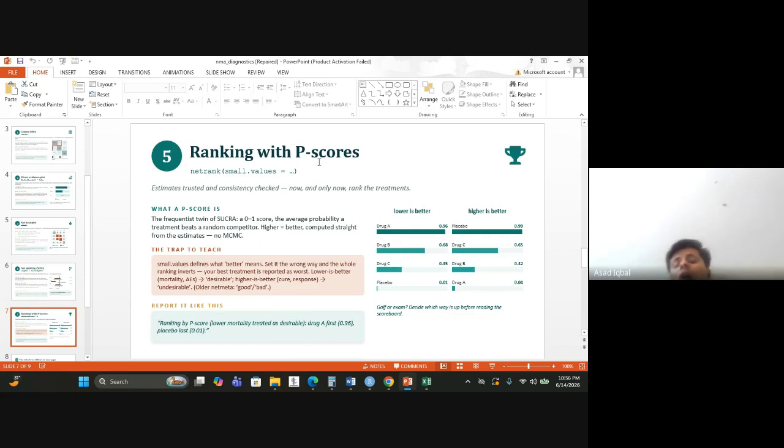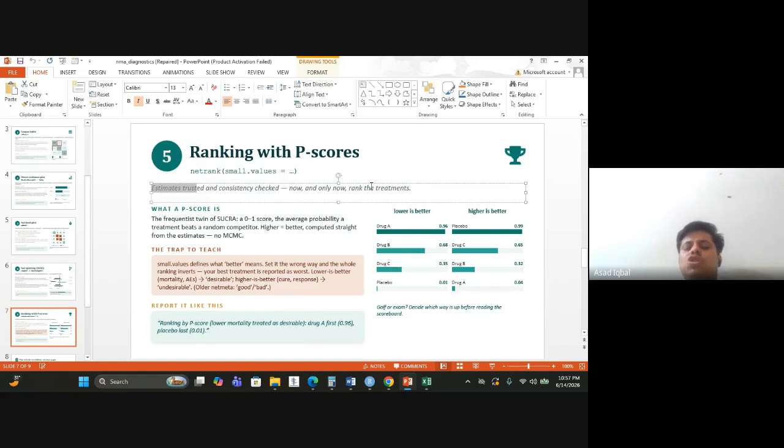Now, after that, ranking with p-scores. Estimated, trusted, and consistency checked. I mean, you first see the league table, the lower is from the network, the upper is from the direct, and you see if there is enough consistency, and you can trust the direct and indirect relations.